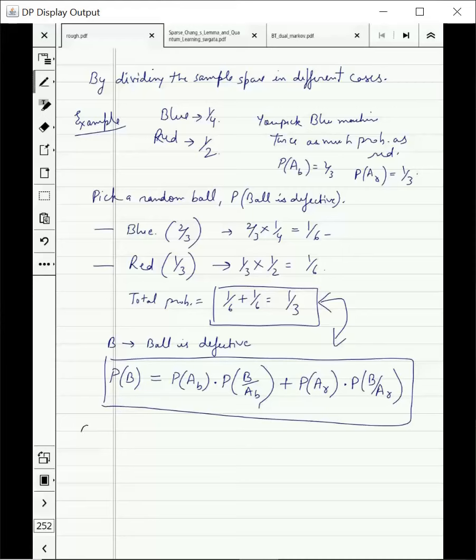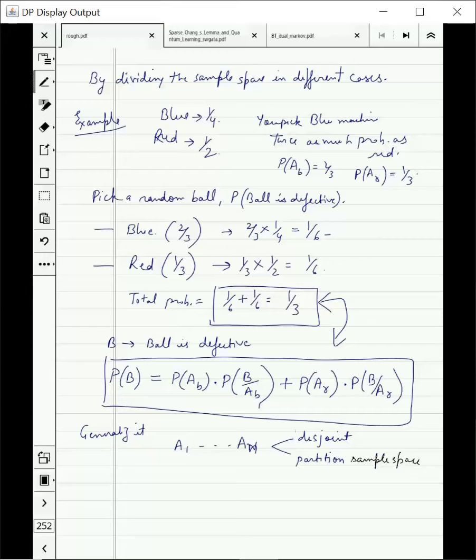I can generalize it and say that if I have n cases or n events, A1 to An, remember that they should be disjoint events, important, and they should partition the sample space. That means they cover the entire sample space. There is no other point remaining.